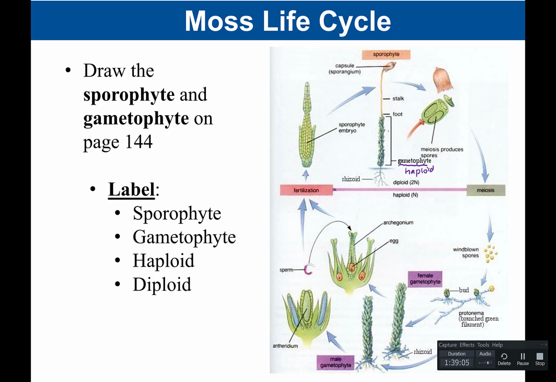So when you draw this, you're going to label this the gametophyte, and that's haploid. On the flip side, the sporophyte, the diploid part, is this top portion. That is the sporophyte. And that part is diploid.